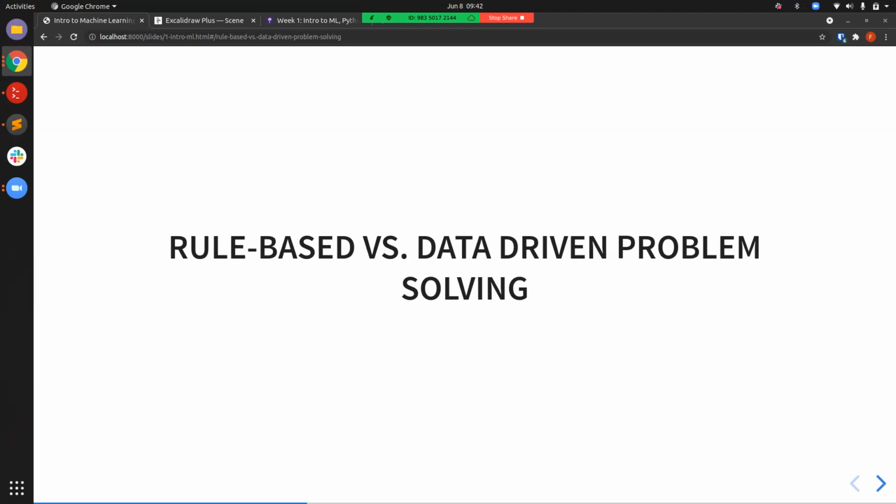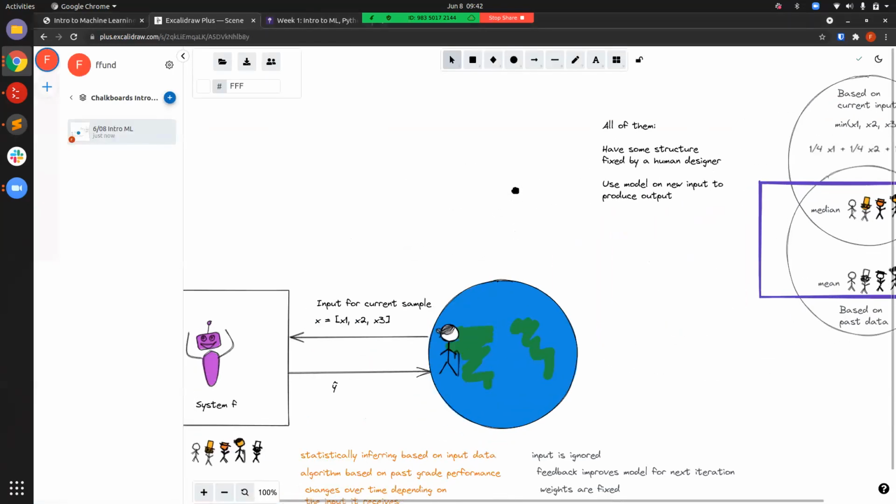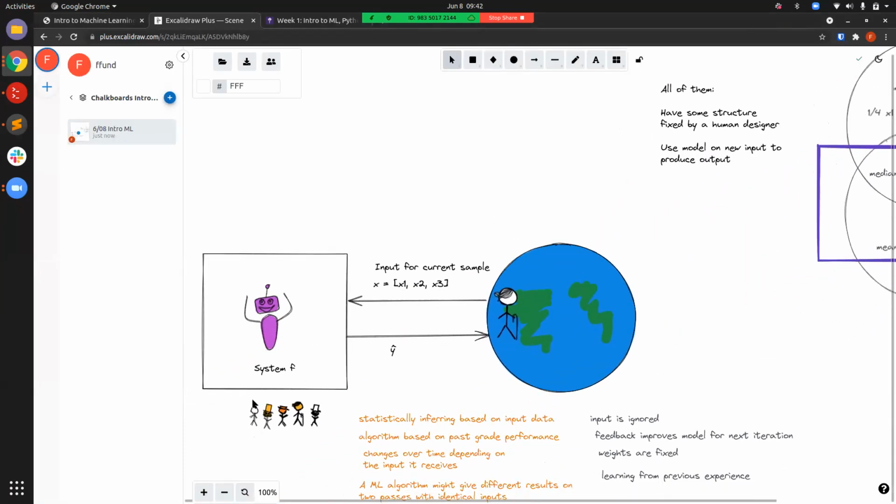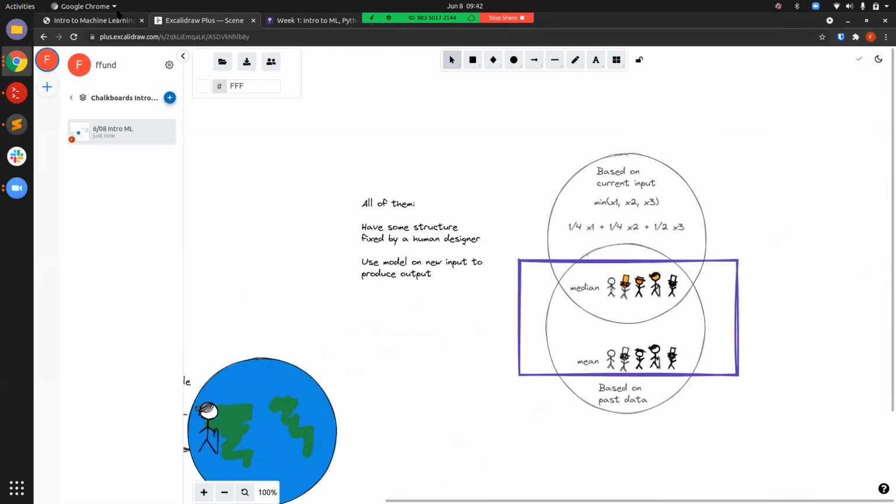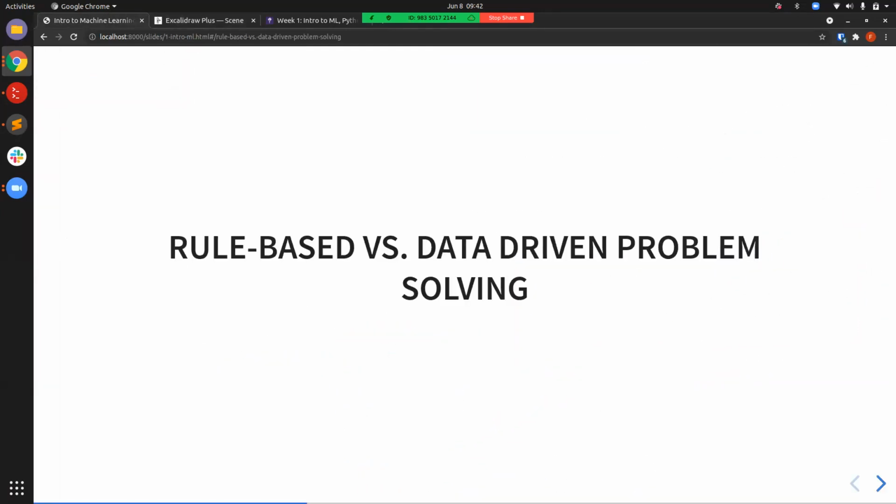So I'm still using my own expertise to establish rules. And the rules I established determine the structure of the solution. So the rules I established are basically responsible for describing what that system F looks like. But in the machine learning systems, I'm also using data that's not from the current input to produce output.